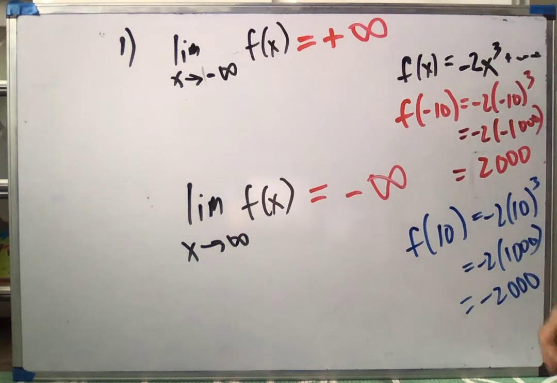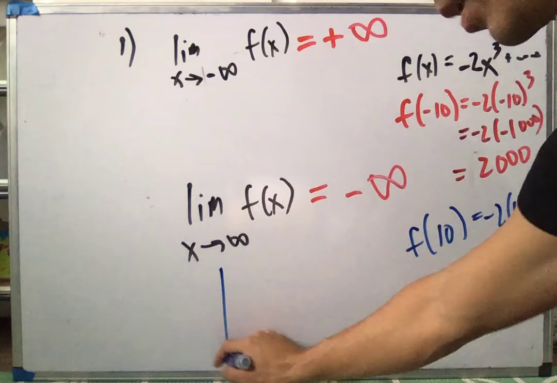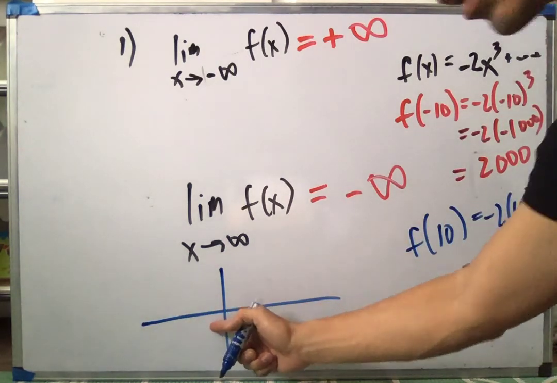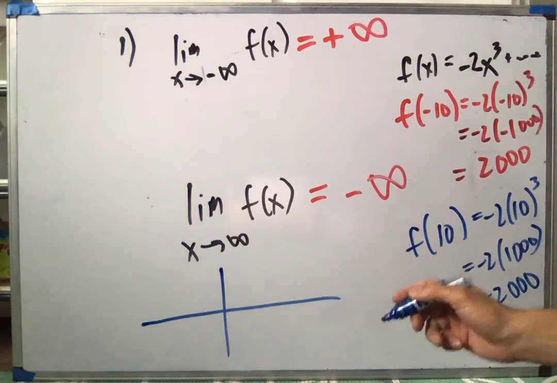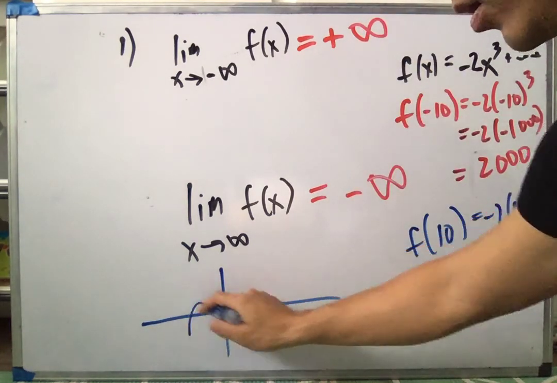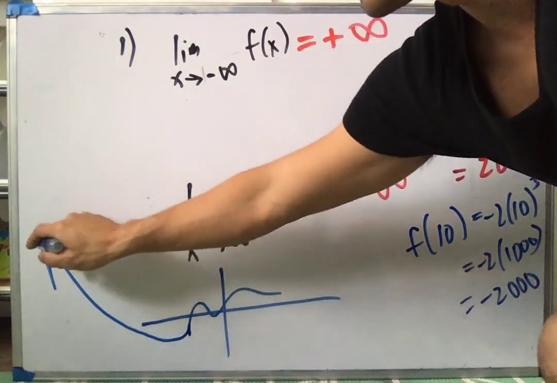Okay, one more visualization. I'm not going to do this for all the questions, but one more intuition behind what's going on here. Think about this picture on a number line. As x goes to negative infinity, that means x is going further in the left direction, and my function is going towards positive infinity. The function looks like something, but as it gets further out to the left, it's going up and up, bigger and bigger.